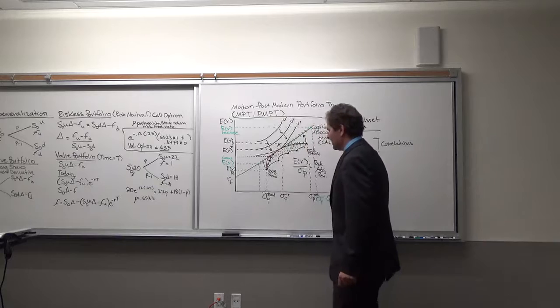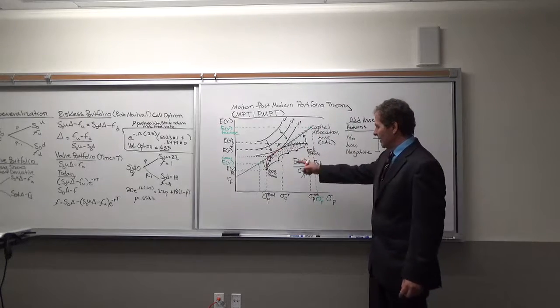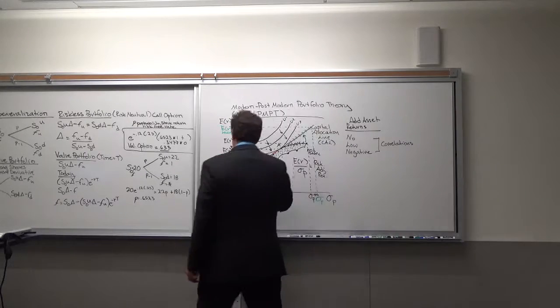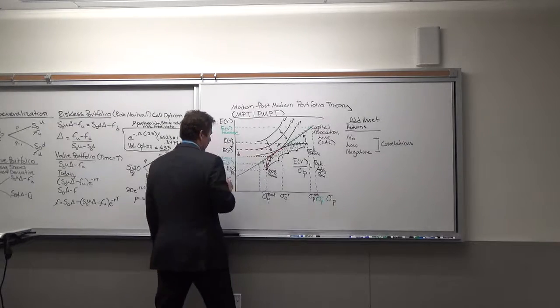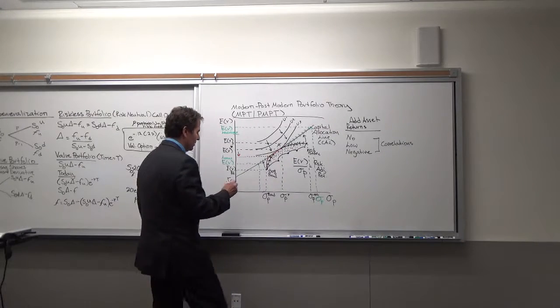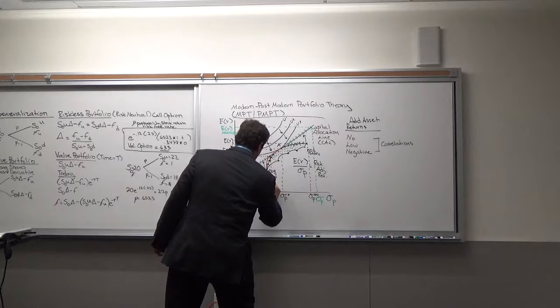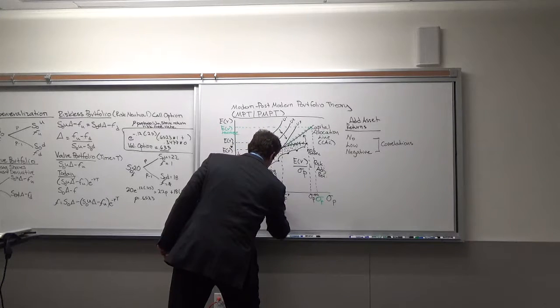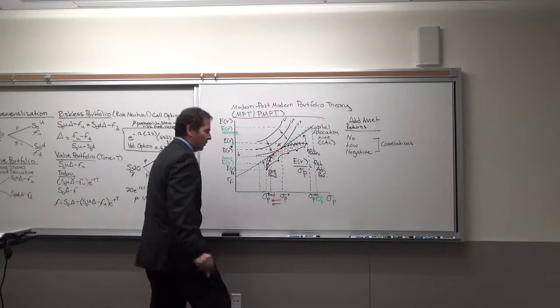And when you add these assets with low, no, and negative correlation to stocks and bonds, it's going to reduce the expected return, but it's significantly going to reduce the portfolio standard deviation.